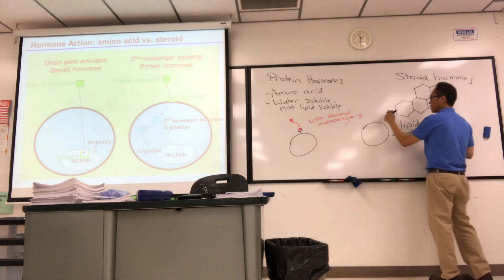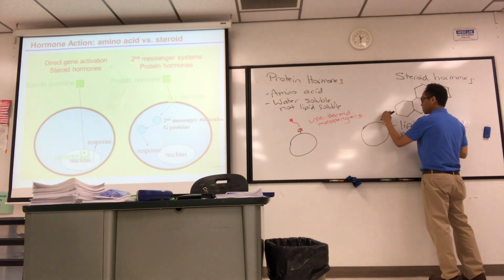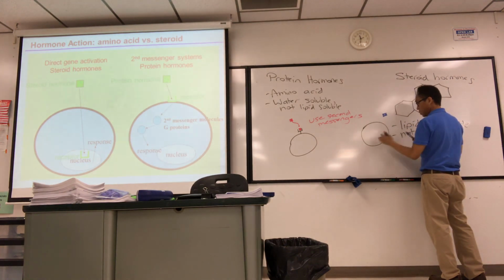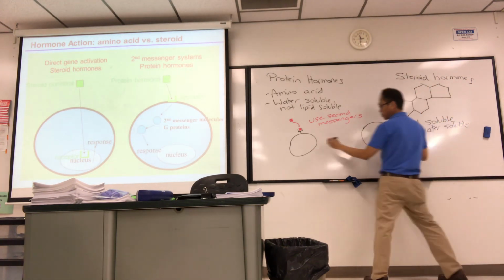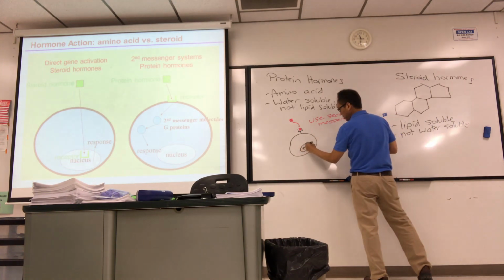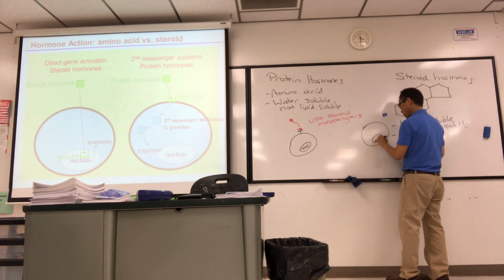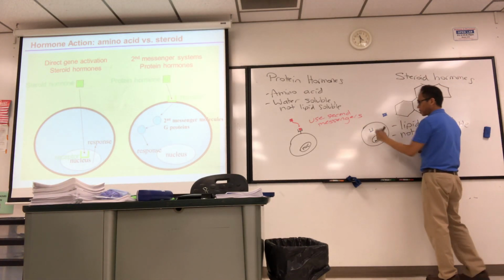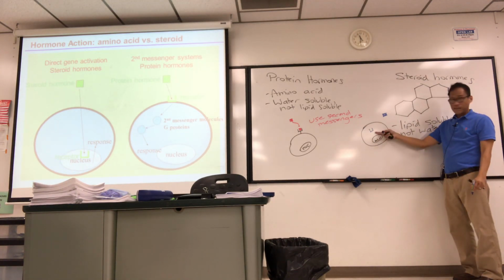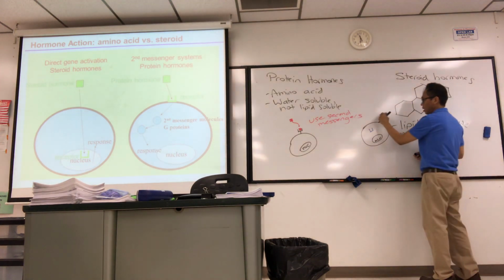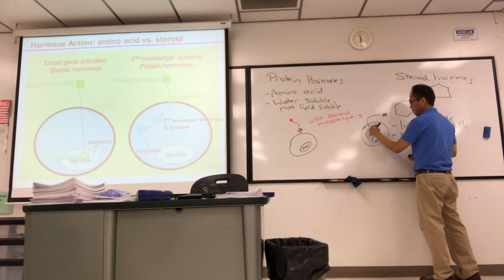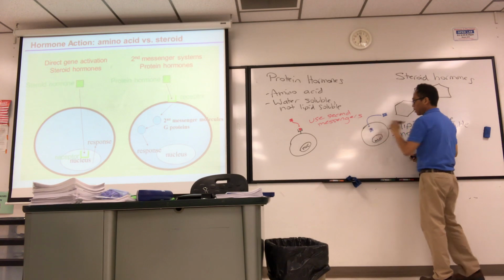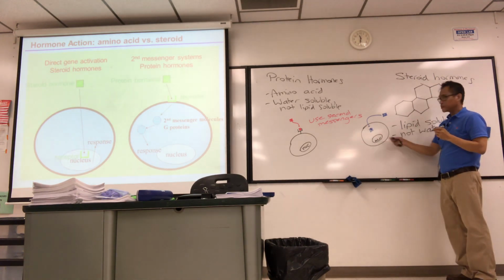Steroid hormones, it depends. Should draw a nucleus in both cells. A steroid hormone can find its receptor in the cytoplasm, or even in the nucleus.